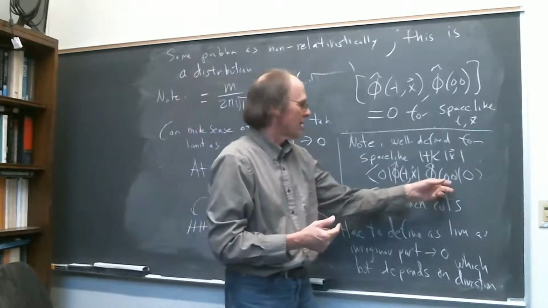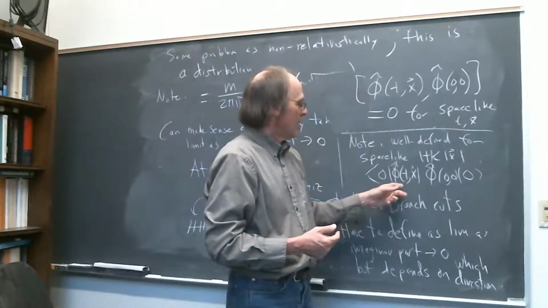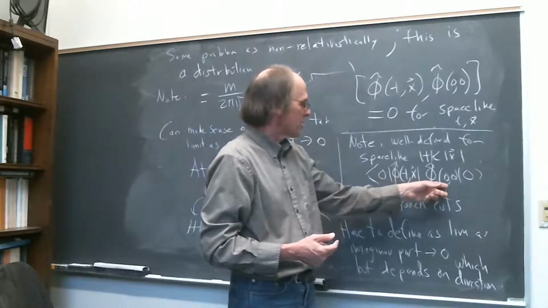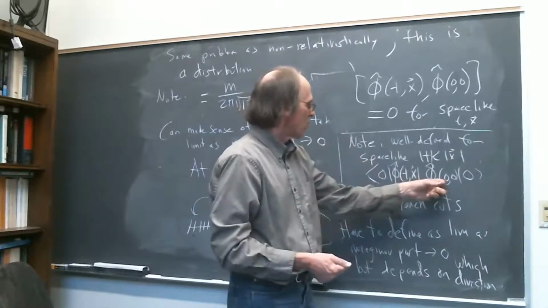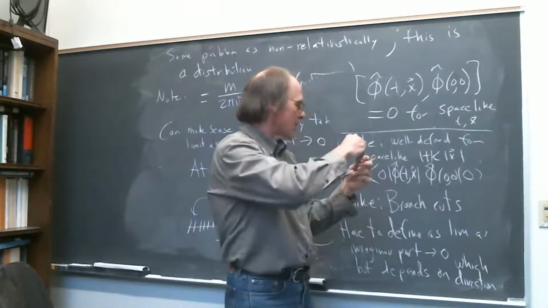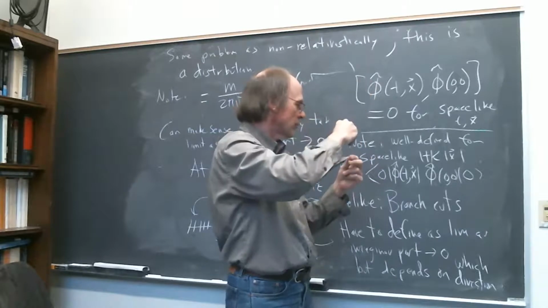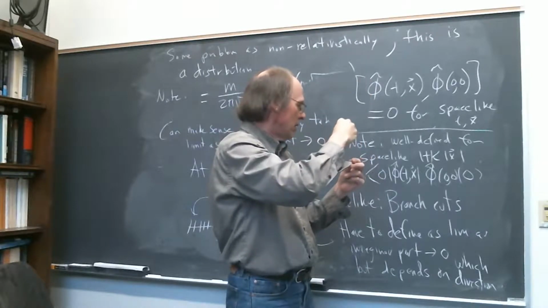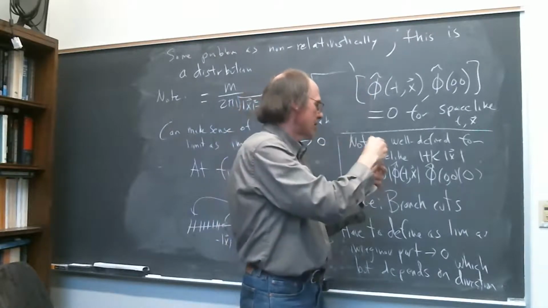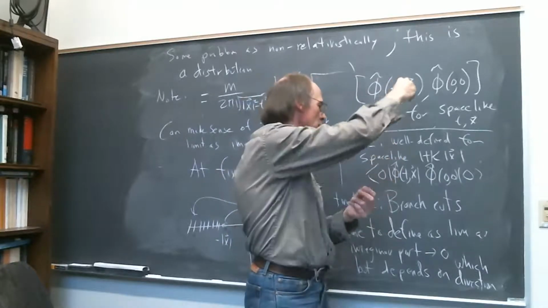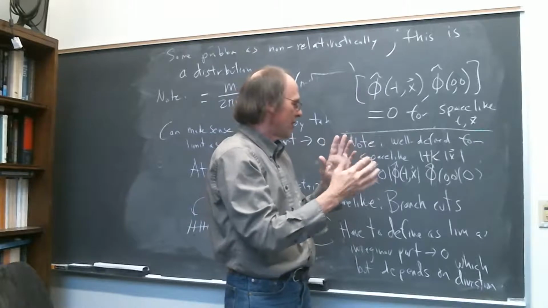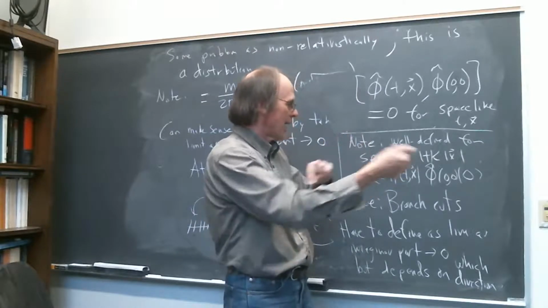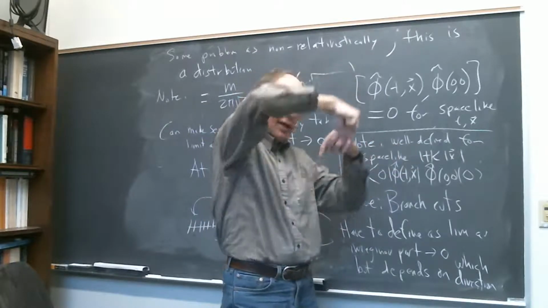This is telling you that something funny is going on. If you want to interpret this as some kind of propagation of a particle forward in time, there's really some canceling particle going in the opposite direction.